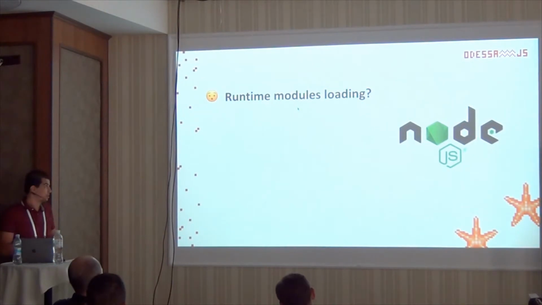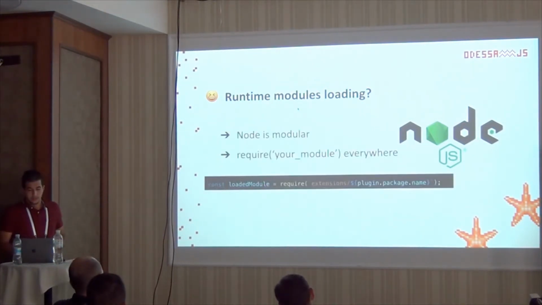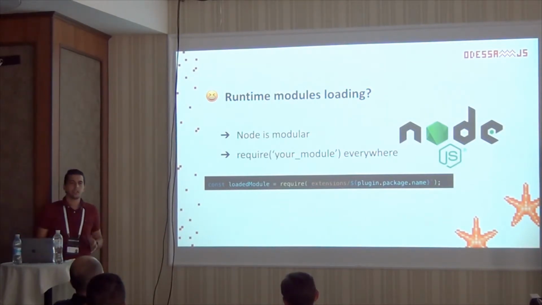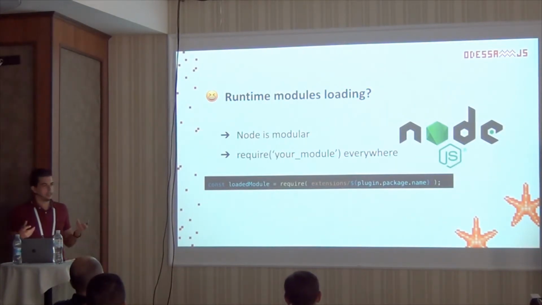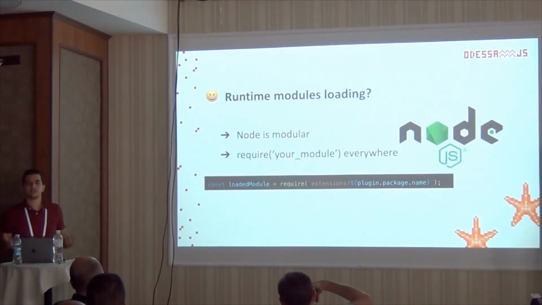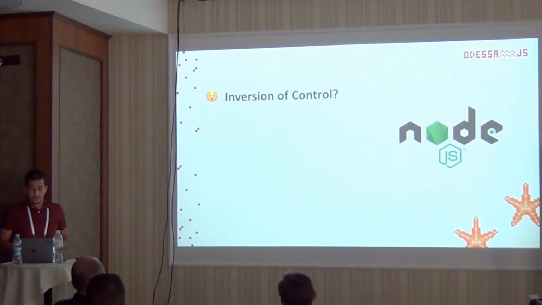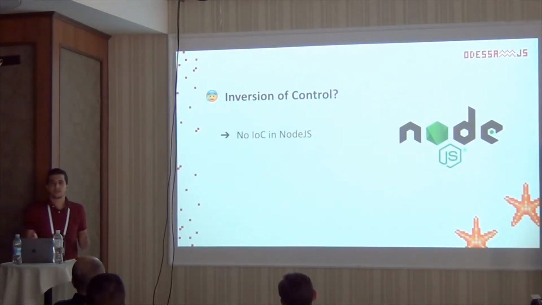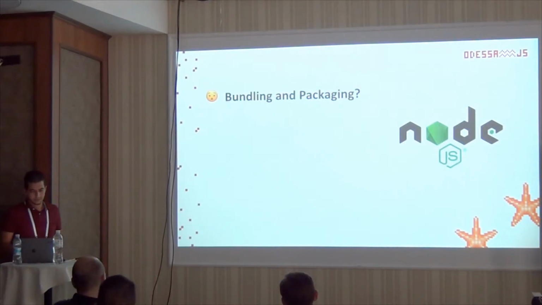And what about Node.js? Node.js is modular. You can call require anywhere in your code, and Node.js will lazy load your module at runtime. And what about inversion of control? In Node.js or JavaScript, there is no inversion of control principle provided out of the box.